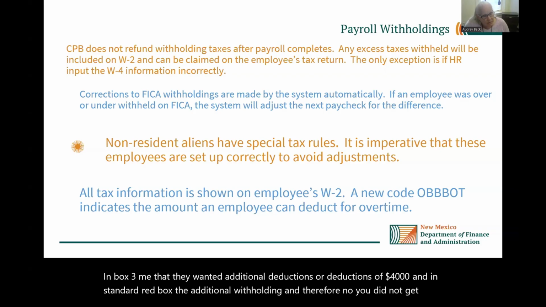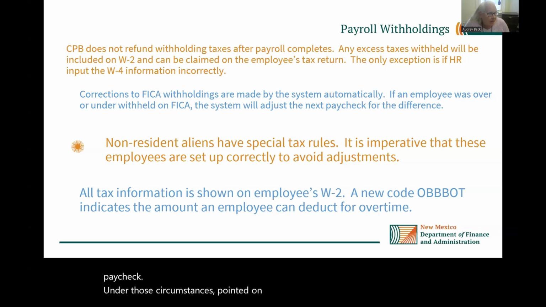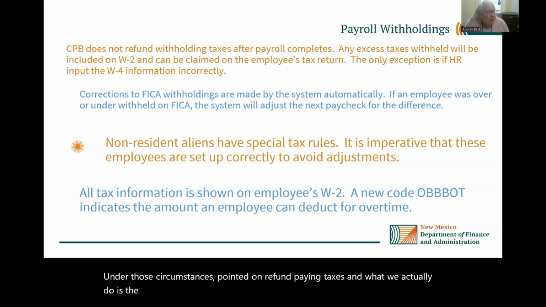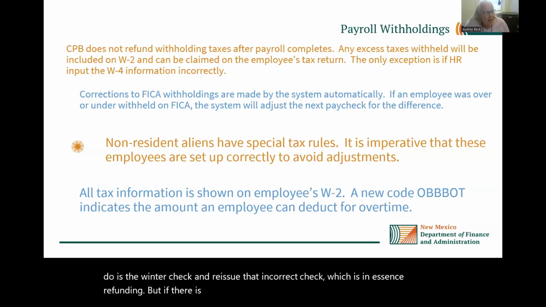Under those circumstances, we would refund the taxes, and what we would actually do is void their check and reissue them a corrected check, which is in essence refunding. But if there is nothing wrong with the check and they simply want a refund of payroll withholding taxes, we do not refund payroll withholding taxes.